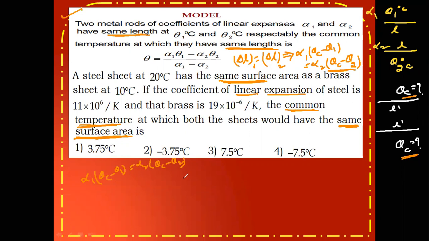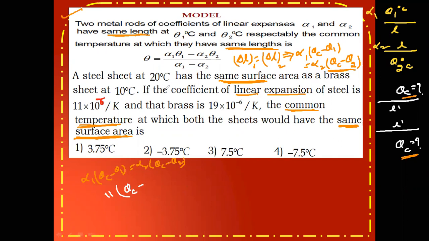So if you substitute the values, alpha 1 is how much they gave me? 11 into 10 power minus 6. It should be minus 6, otherwise you couldn't get the answer. It is a printing mistake only. Now see here, 11 into theta c, value I don't know, minus theta 1.